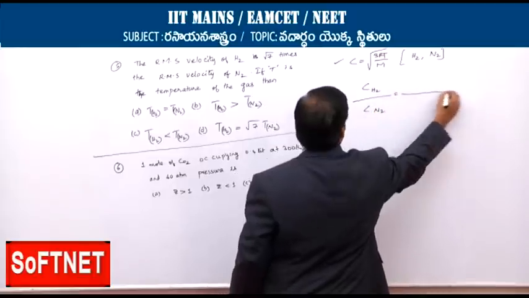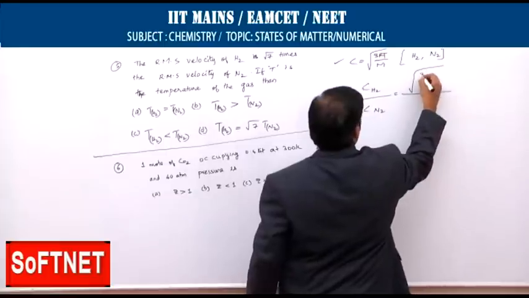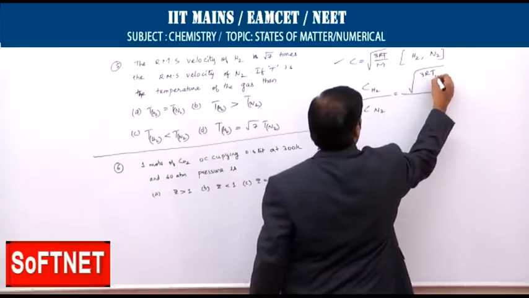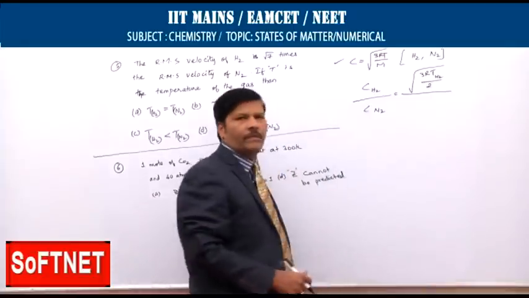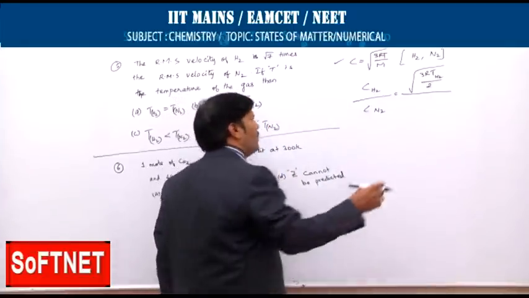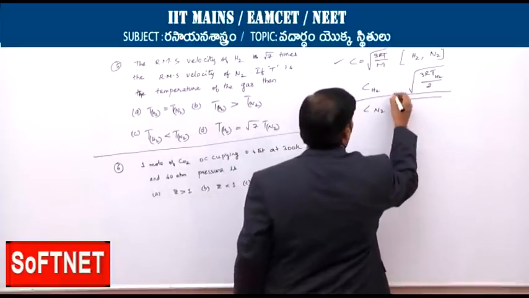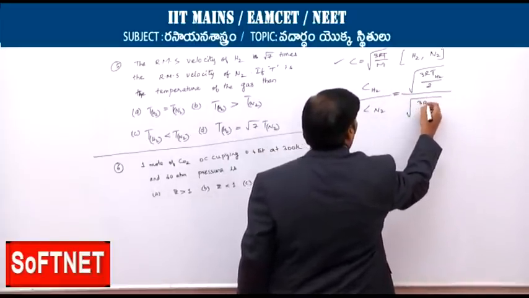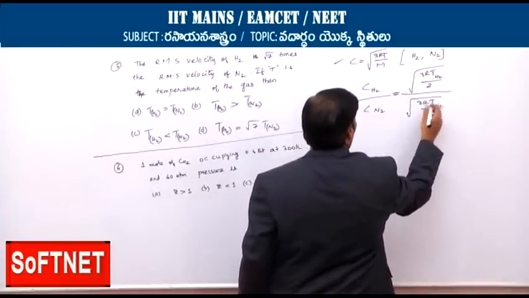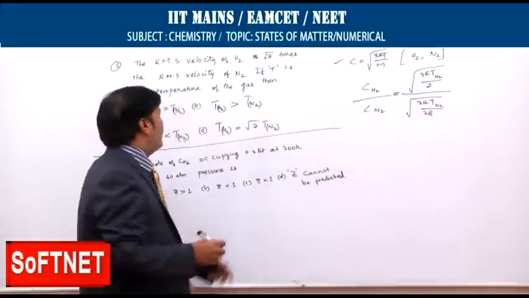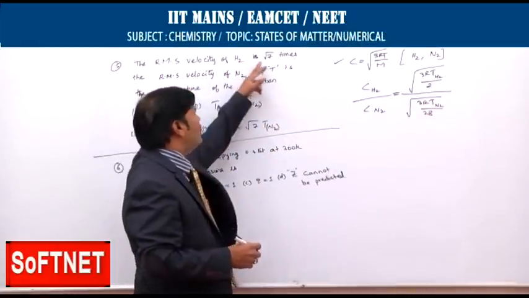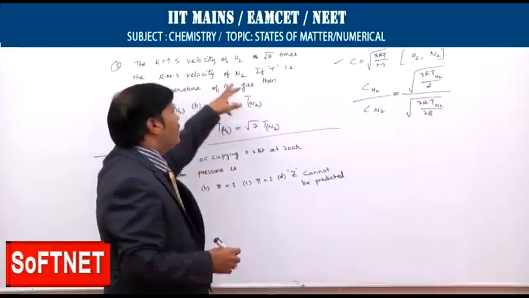RMS velocity of hydrogen is equal to under root of 3R, temperature of hydrogen, divided by molecular weight of hydrogen, which we know is 2 grams. Directly we can substitute. Again, under root of 3R, temperature of nitrogen, divided by molecular weight of nitrogen, which we also know. He says clearly that the RMS velocity of hydrogen is root 7 times the RMS velocity of nitrogen.